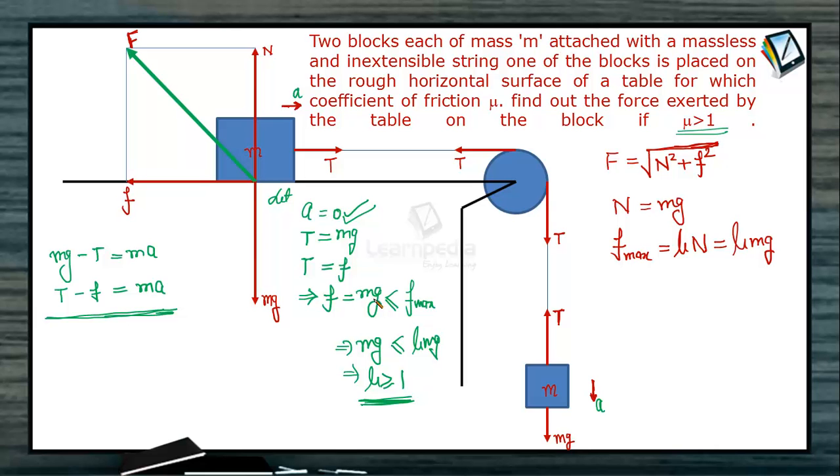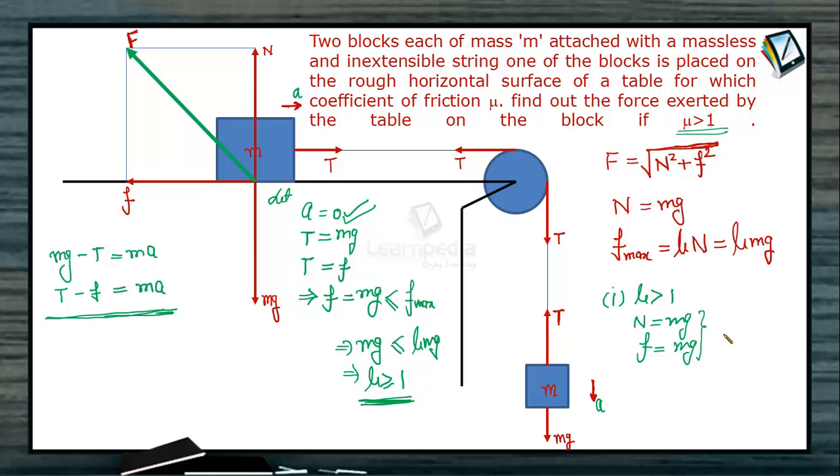Okay, so first let us consider that mu is greater than 1, that means acceleration is 0. So in this case F is mg. So what would be the net force? For this situation when mu is greater than 1, normal reaction is mg and friction is also equal to mg, because motion is not taking place.